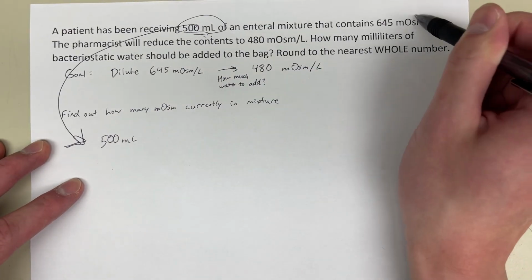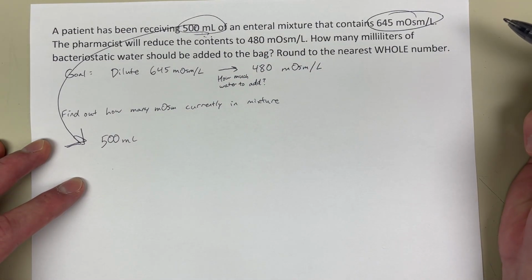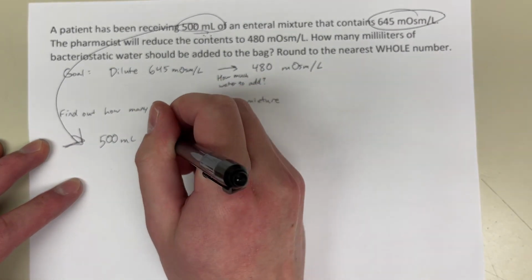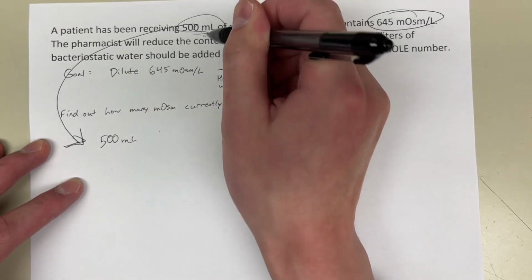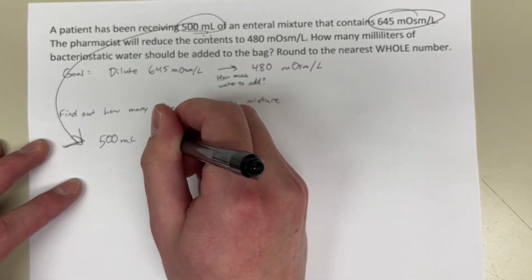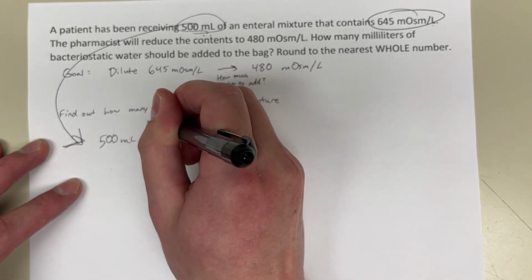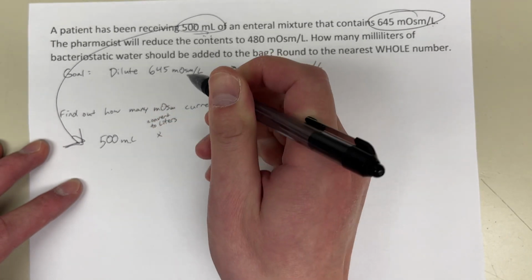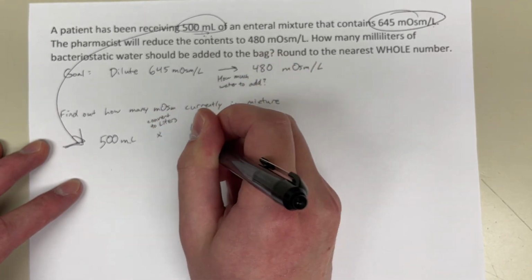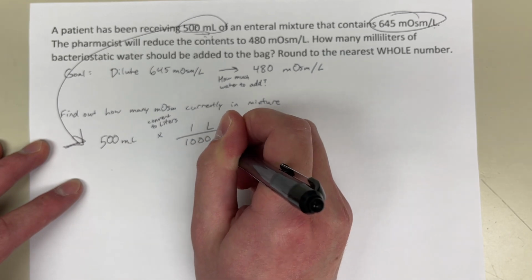And then I have a concentration here, 645 milliosmoles per liter. But since this is in liters and I have milliliters here, I'm going to convert this to liters first. So I just divide by 1,000.